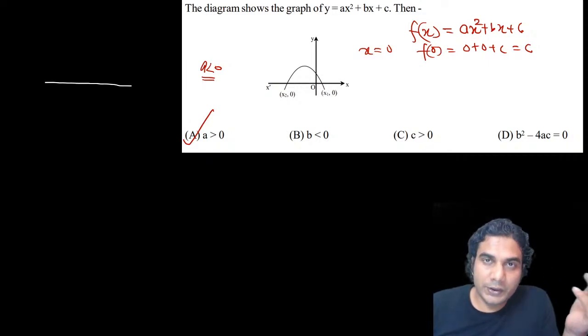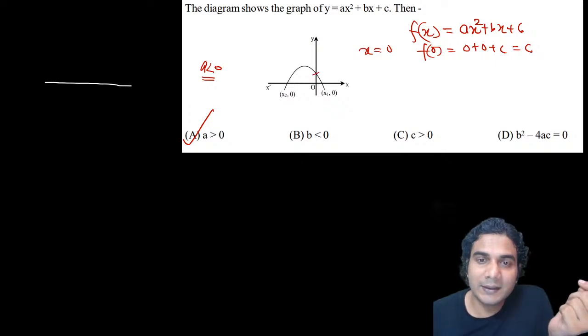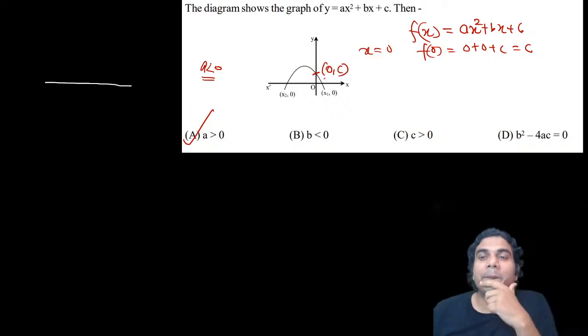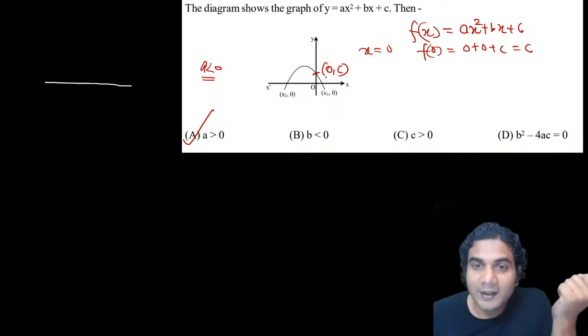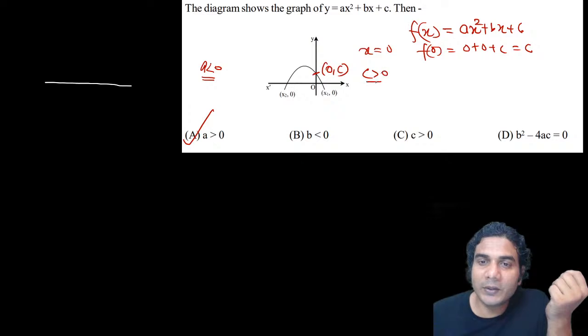When you put x is equal to 0, the value you get is c, and hence you can say where the graph cuts the y-axis, because that is the point where x is 0, right? Where the graph cuts the y-axis, that point is nothing but 0 comma c. If you put x is equal to 0, you'll get y is equal to c. So by looking at this point, you can say that this graph cuts the y-axis on the positive side of the y-axis, right? So c must be positive. So c is positive is also correct, all right?